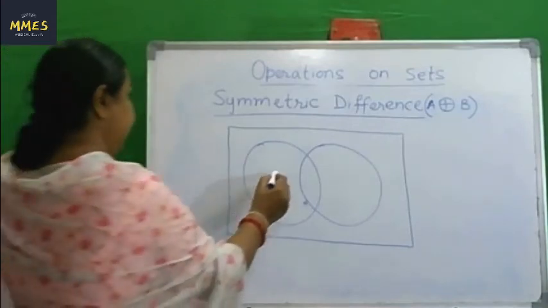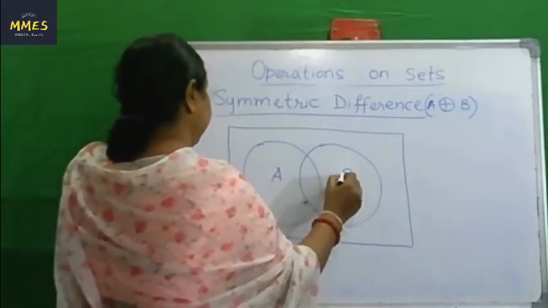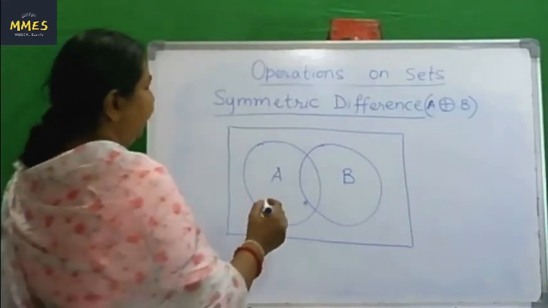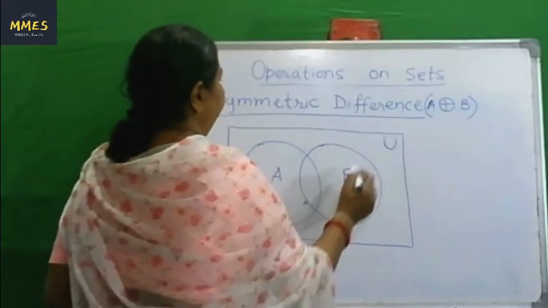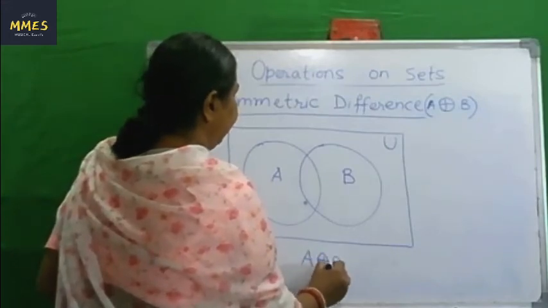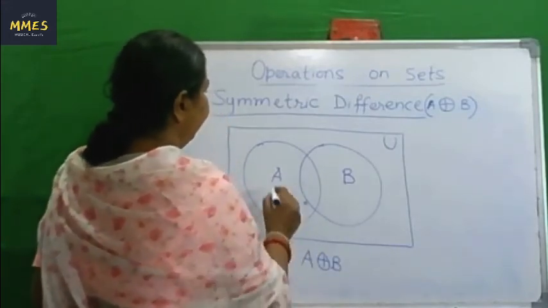Suppose A is here and B is there, then the symmetric difference of A and B is given by the shaded portion.